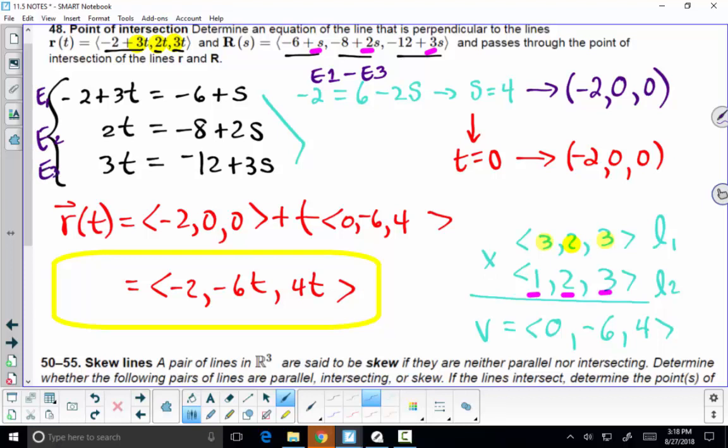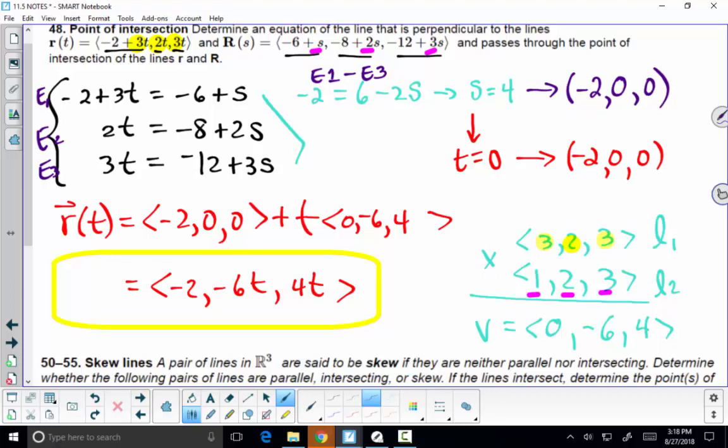If we subtract equation 1 minus equation 3, this is a 0 plus 3t, so negative 2 minus 0, 3t minus 3t, negative 6 minus 12, s minus 3s. That gives us this linear equation. We solve it for s, and we can plug that s value back into either of those equations to get the corresponding t.